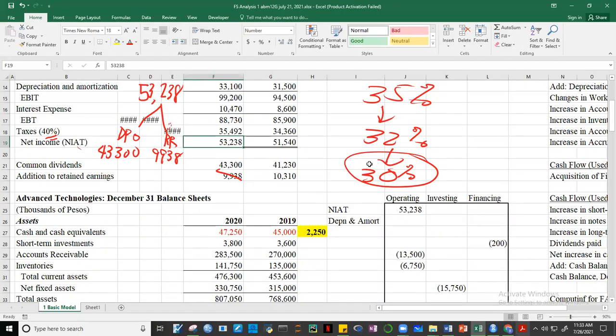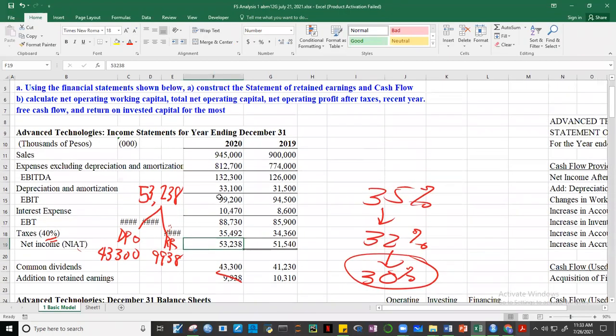Okay? Anyone, guys? Jillian, tanongin lang kita ha. Meron ba tayong non-cash dyan sa income statement natin? Non-cash item. Yan, depreciation. Correct. So ano ginawa natin sa depreciation in order to arrive at the net income after tax? Did we add depreciation or did we subtract depreciation?